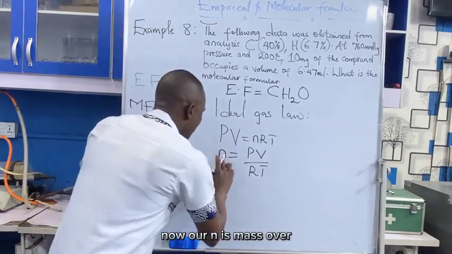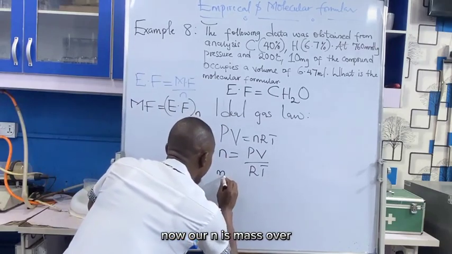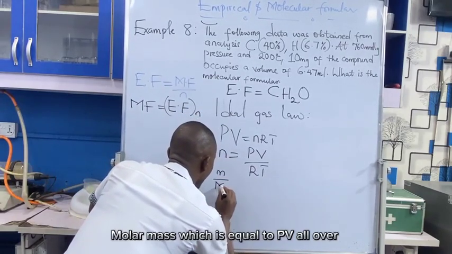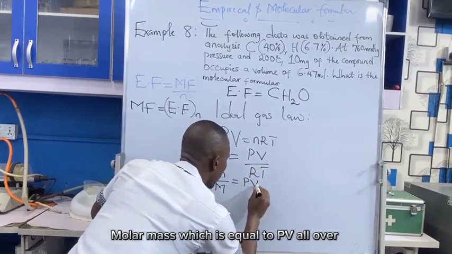Now, our n is mass over molar mass, which is equal to PV all over RT.